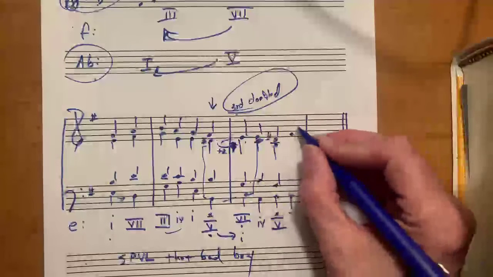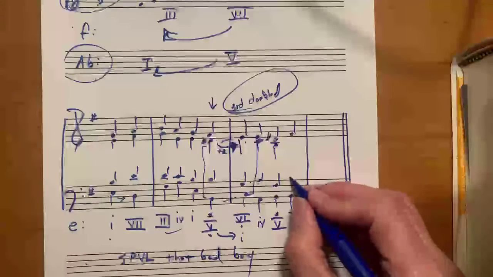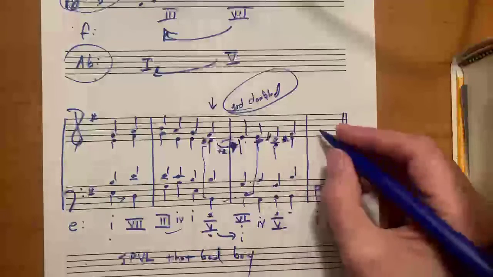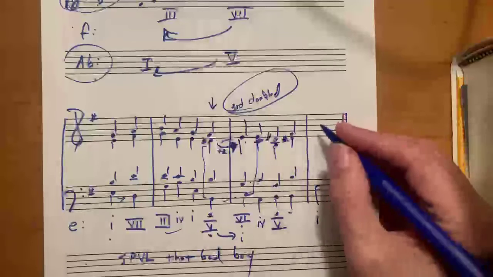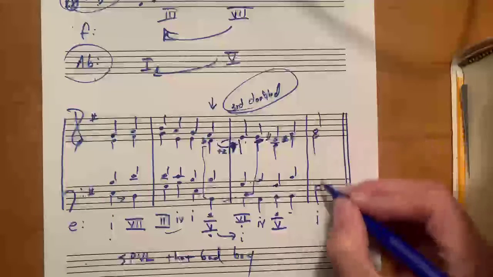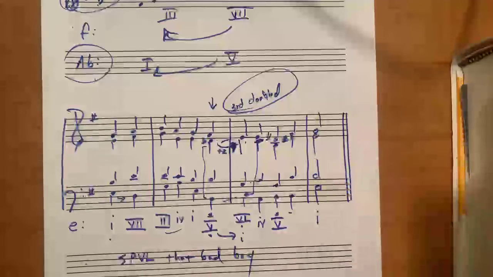I guess we can change the inversion of this chord just for kicks. And then let's resolve it like this, because I said smoothest possible voice leading. Okay, and then I want to look and see if this is the melody that they came up with. But first, let's listen to this.